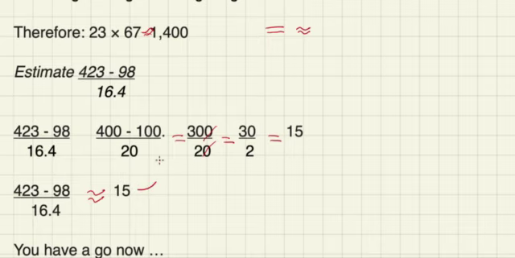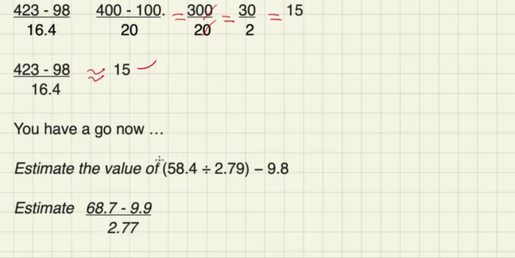Now it'd be good if you could have a go and see if you can work out these values. So the first is the value of 58.4 divided by 2.79, brackets, minus 9.8, and 68.7 minus 9.9 divided by 2.77.